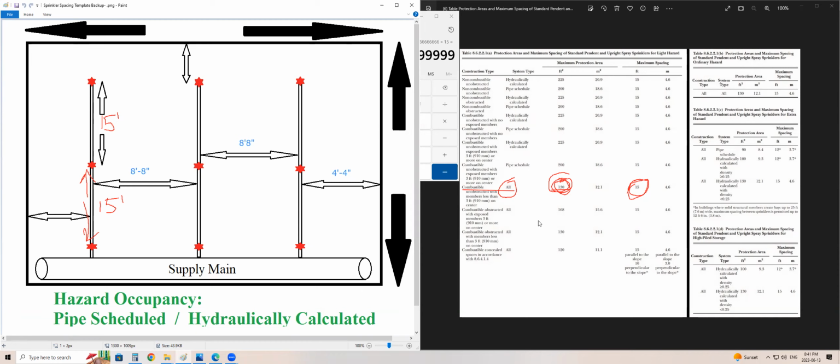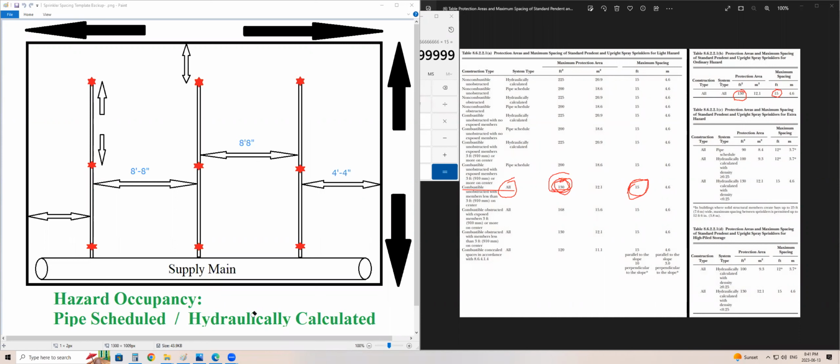It's a protection area of 130 square feet, and my maximum spacing still stays at 15. But that doesn't mean I can install them 15 by 15, as I just showed you over here. All it means is I now need to make adjustments.